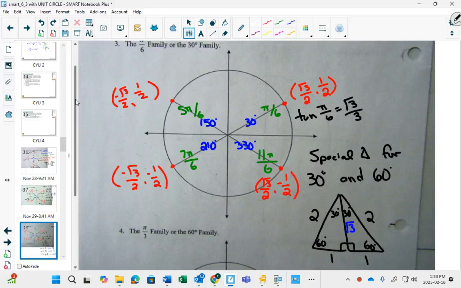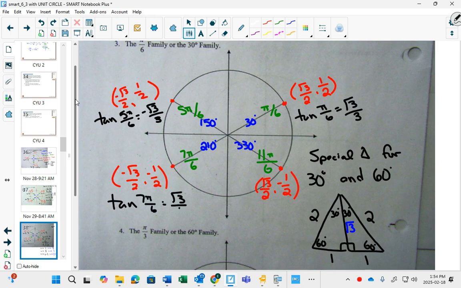Carry on. And in quadrant 2, it's the same number, but now it's negative. Quadrant 3, it's positive again, and quadrant 4 will be negative again.